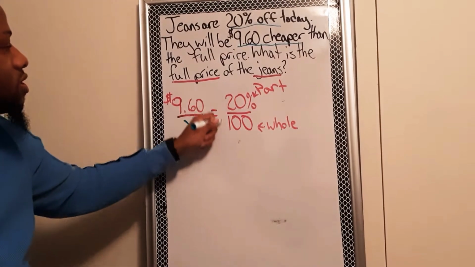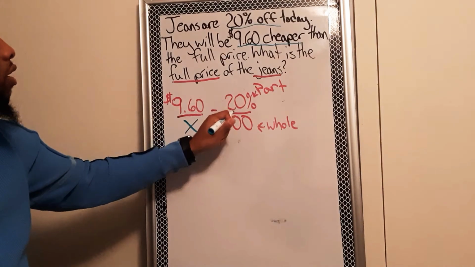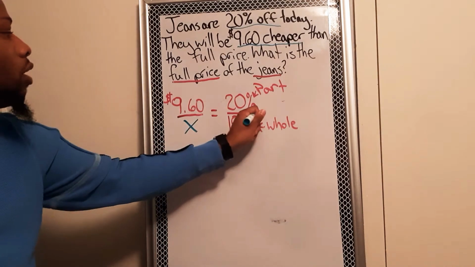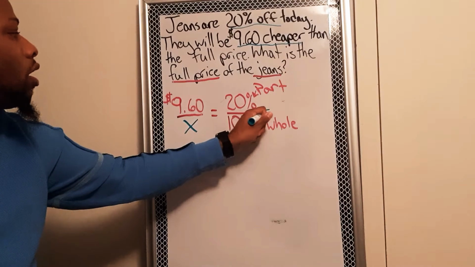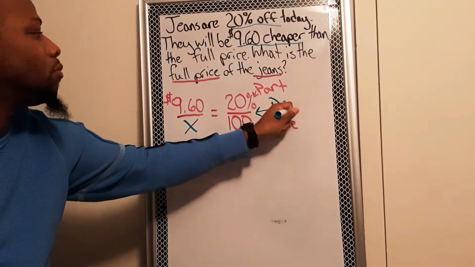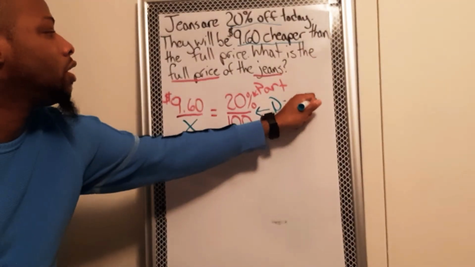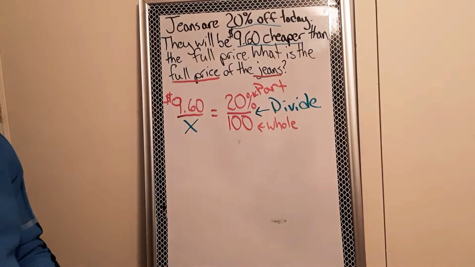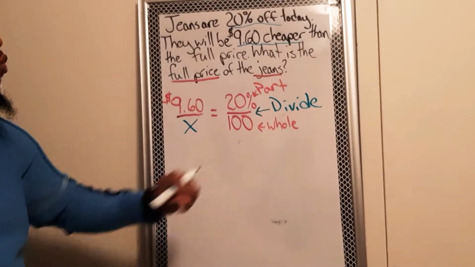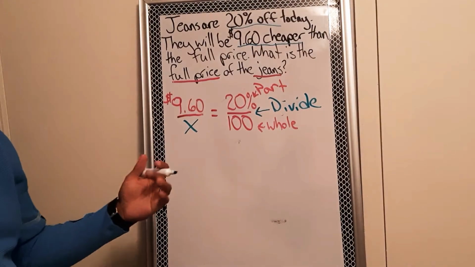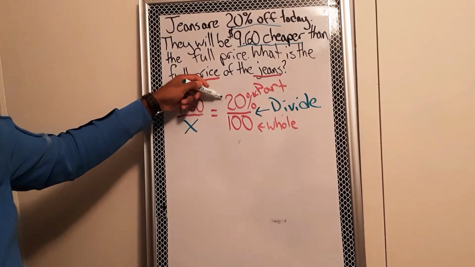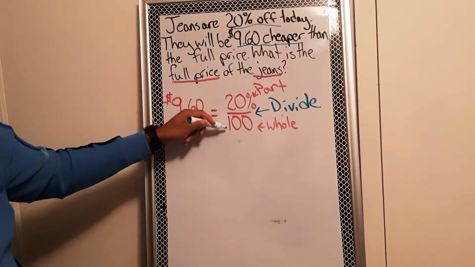Looking at this setup, I have 20% over 100. When I look at this fraction bar, that fraction bar tells me that I am performing the math function division. So I am going to divide when I see that fraction bar. So now I can read this as 20% divided by 100.